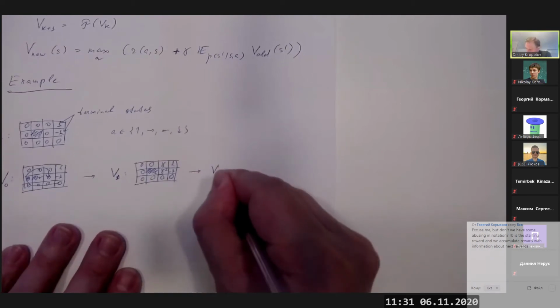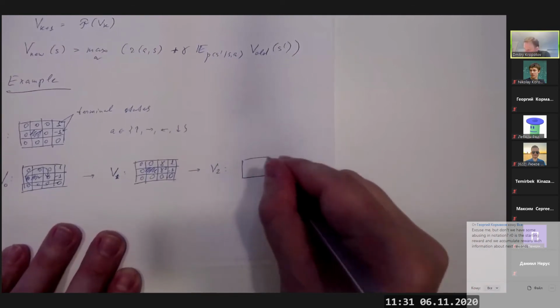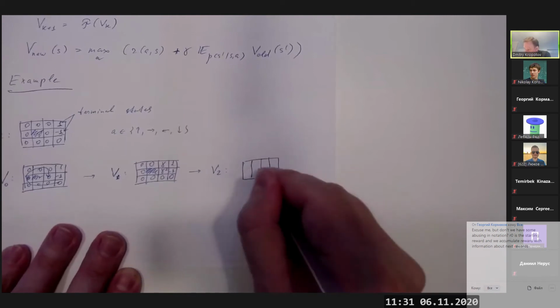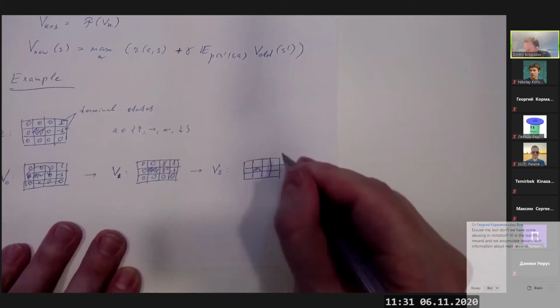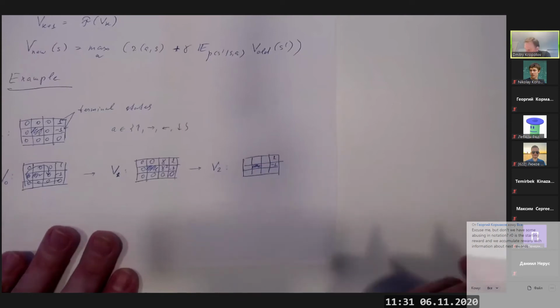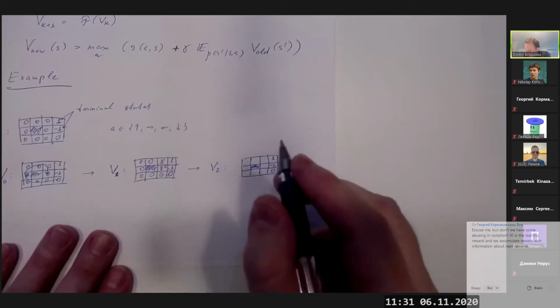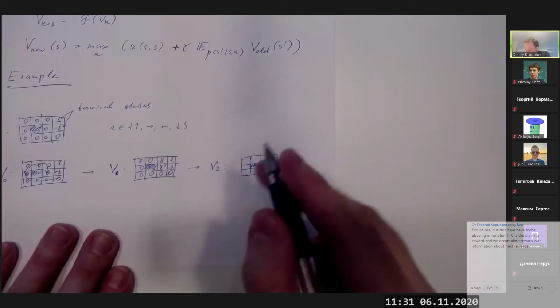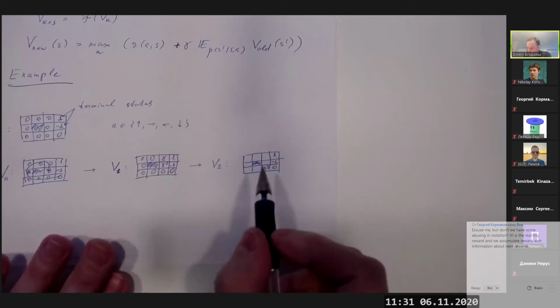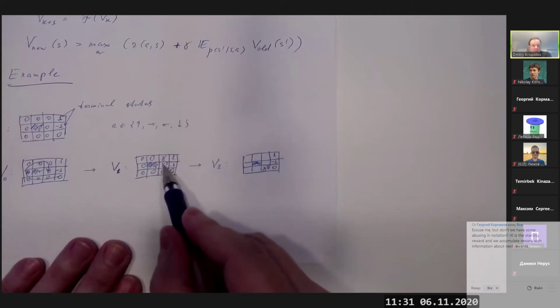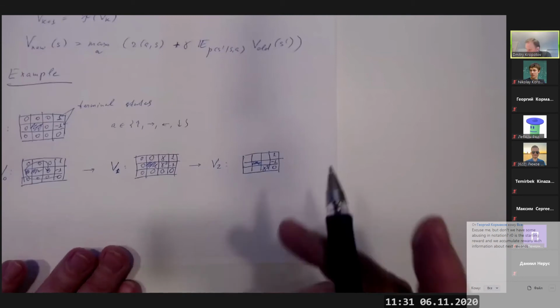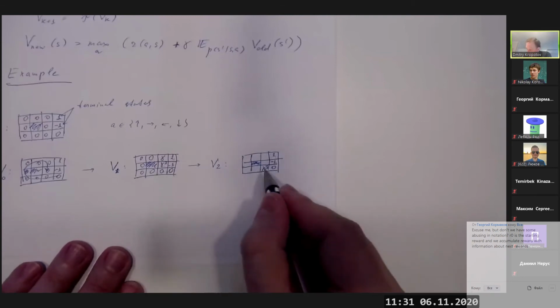Then v2. Minus 1, again 0 here. Now, here we already have gamma squared because we may go upwards and use this value, gamma squared times gamma.